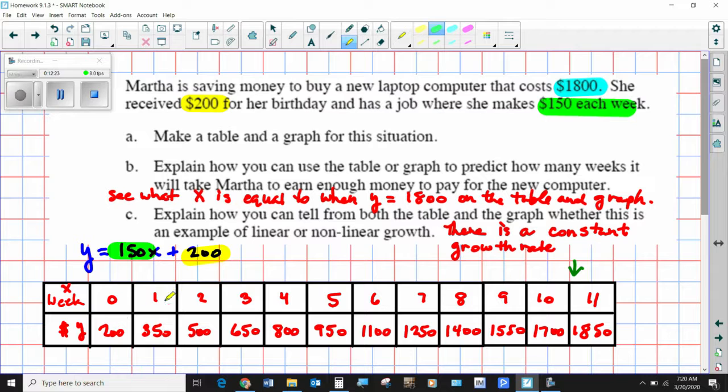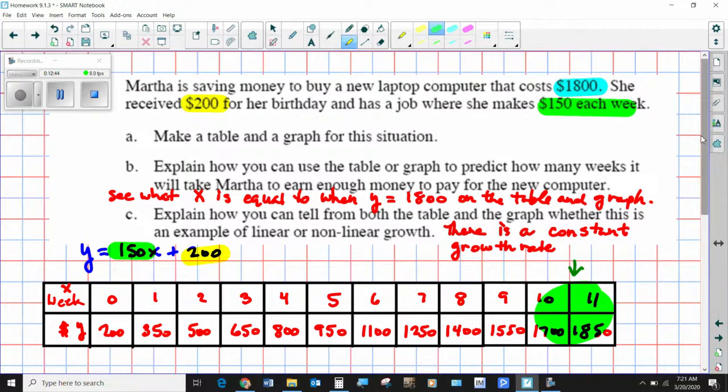So if we were to put this into a table, you could see, okay, starts with 200, then it goes up 150 every single week. And we could keep going until we see somewhere in here is where she's going to reach her goal for $1,800. I'm guessing from 1700 to 1850, it's probably going to be 2/3 past 10, so 10 2/3.